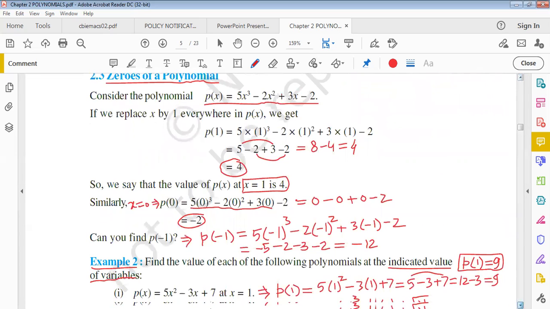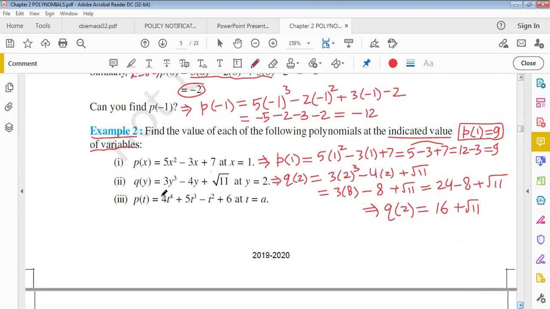Now third part, we are going to simplify the third part.